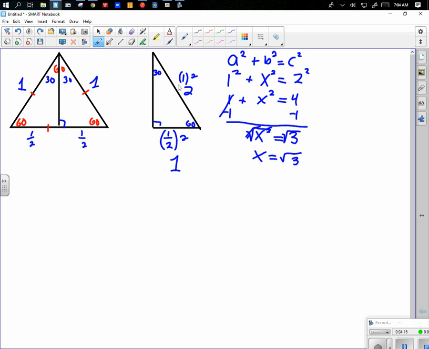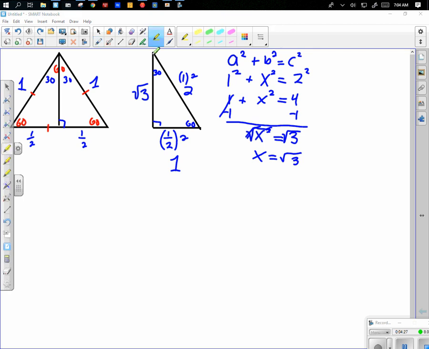So the special triangle 30, 60, 90 is 1, 2, and then this will be radical 3. Okay, so all 30, 60, 90 triangles will be similar to this triangle right here. The larger side is 2, the small side is 1, and the medium side is radical 3.